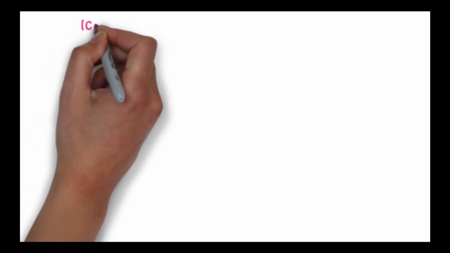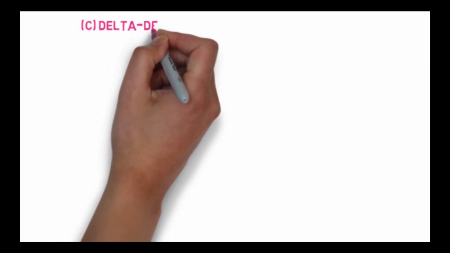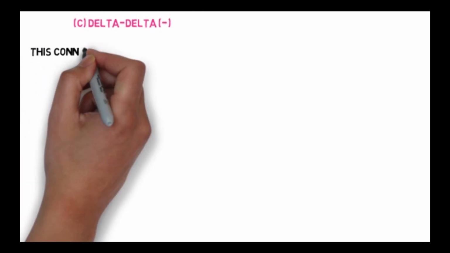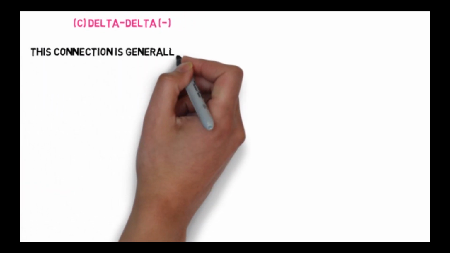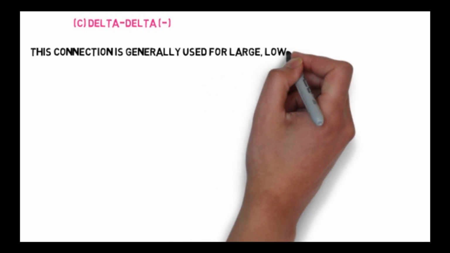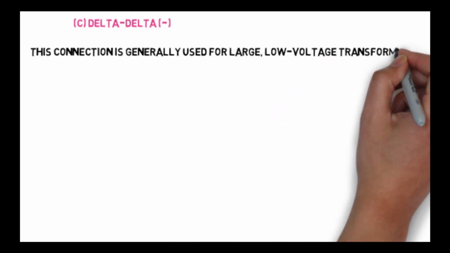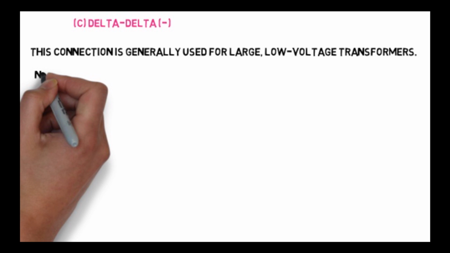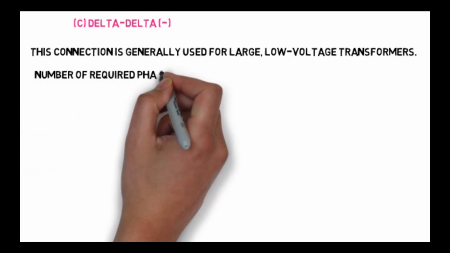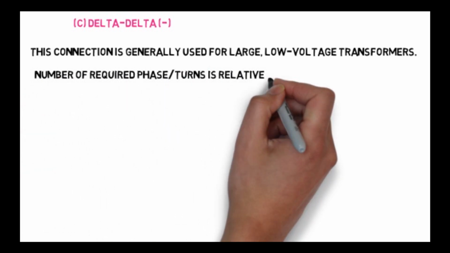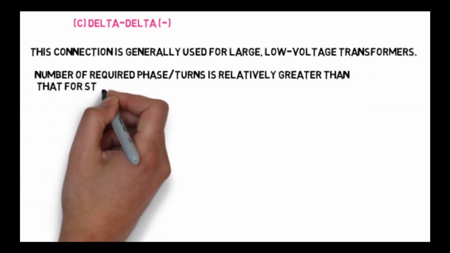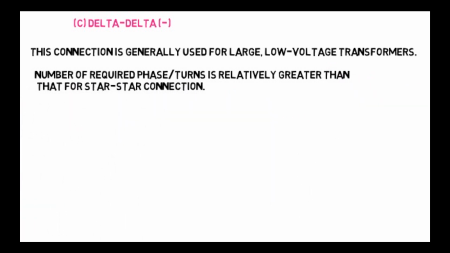Third type of connection is delta to delta type connection. This connection is generally used for large low voltage transformers. Number of required turns per phase is relatively greater than that for the star to star type connection.